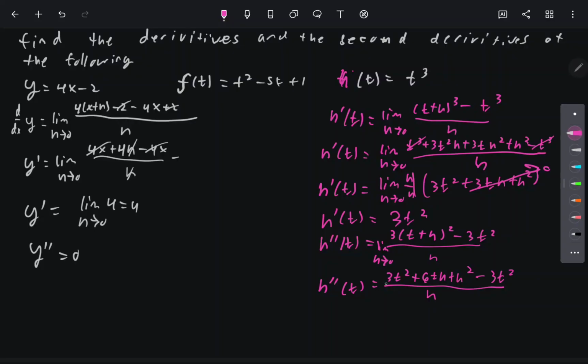Well, we can cancel the 3t squared terms, and now we just have to take the limit as h approaches 0 of 6th plus 3h squared all over h. Well, we can cancel the h, and this h is just going to go to 0, so we get 6t for a second derivative.